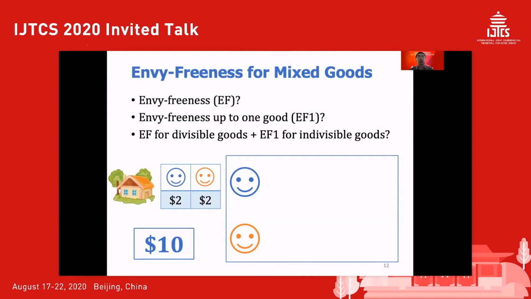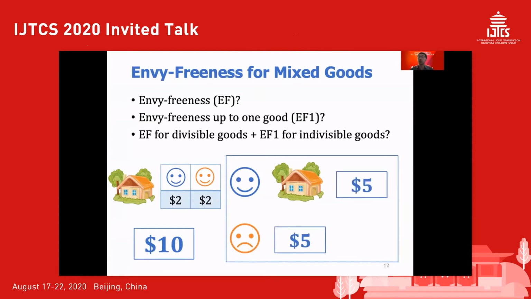First, we want to allocate the house. Because we only have one indivisible good, we can give it to any of the players. Assume we give it to the first, blue player. Next, we want to allocate the $10 among the two players. If we want to find an envy-free allocation, the only solution is to give each player $5.